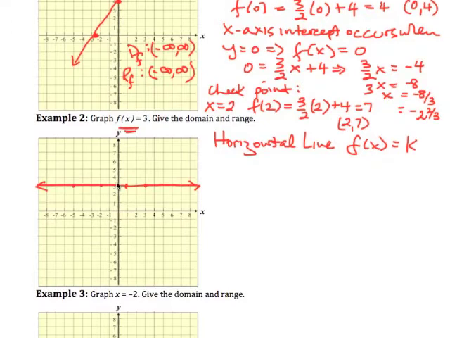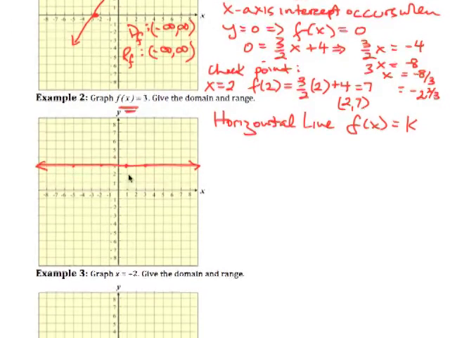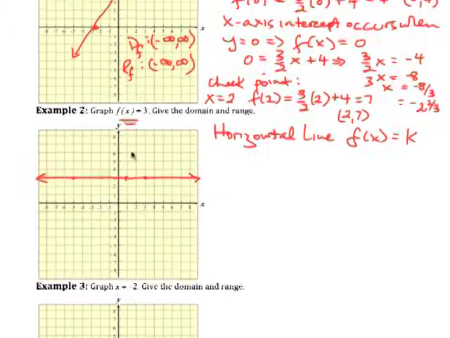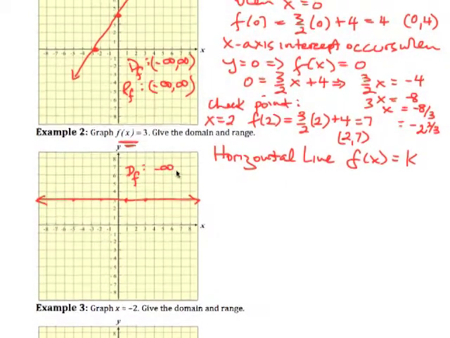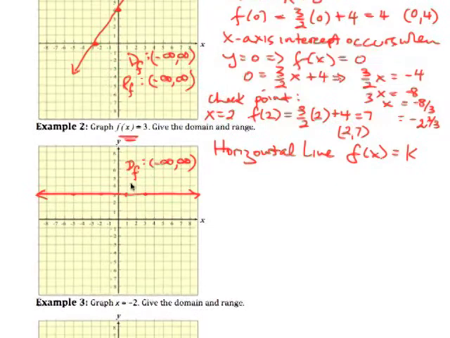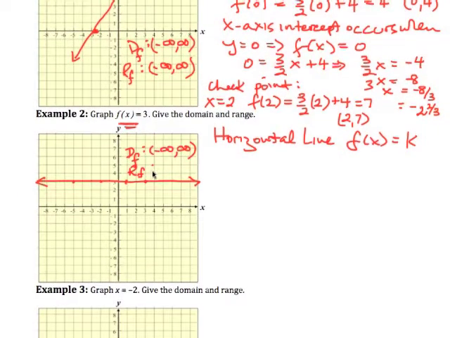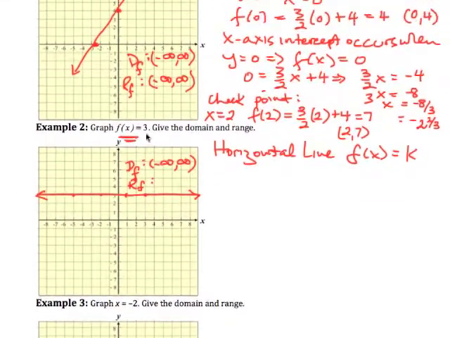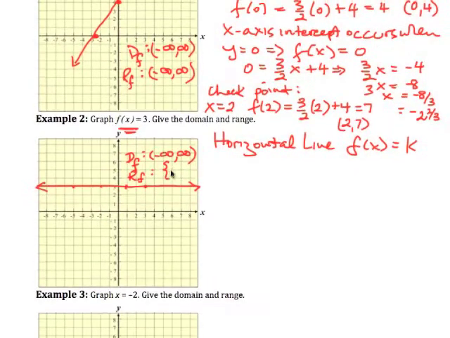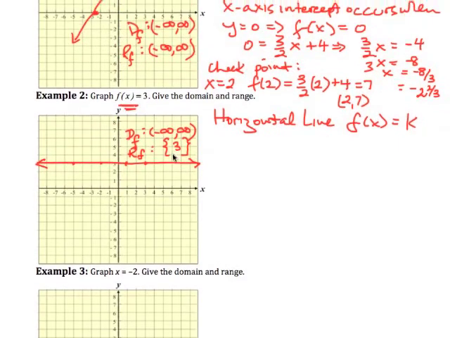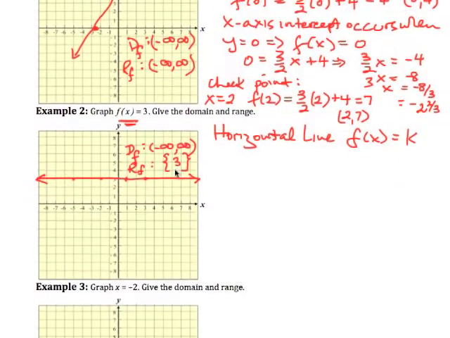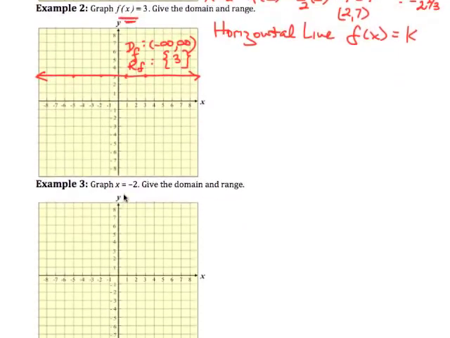Notice for a horizontal line, all the x's are being used, so the domain is again all the real numbers. But the range is one number only, and that is the 3. So we use a curly bracket here to say that the set consists of only one element, which is 3.